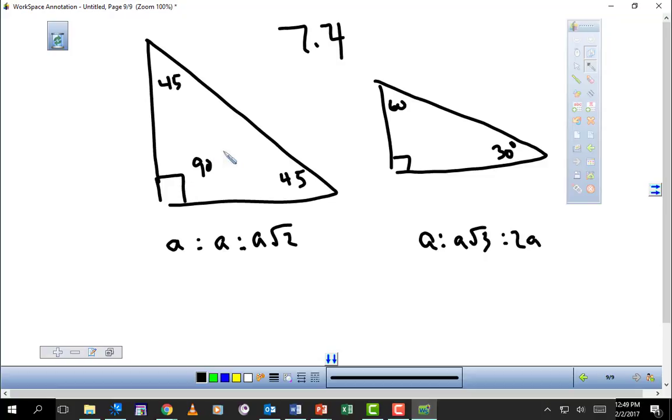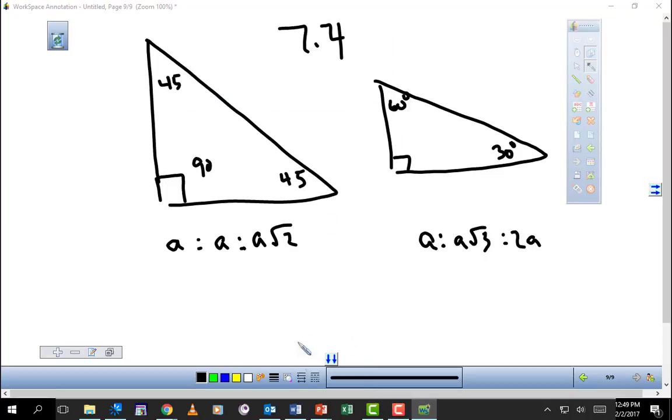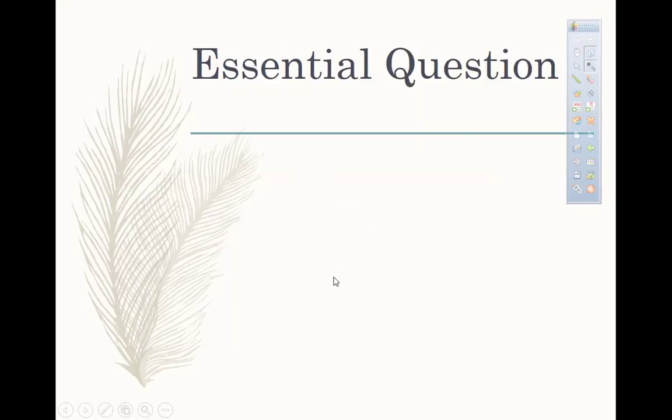But what do we do if that's not a 45, 45, 90 or a 30, 60, 90? That's where we have to start doing trigonometry. Does that make sense? So that's part of the reason why we're doing this. And so now let's go back to our PowerPoint. We did this one.